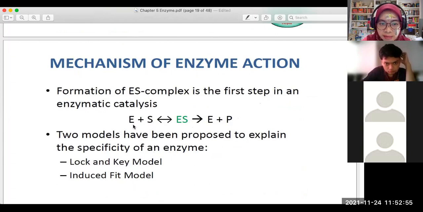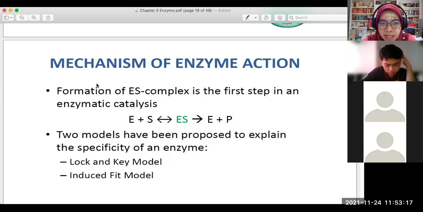From enzyme, it will bind with the substrate S and form a complex. A complex means a combined state where the two are bound together, so that's the enzyme-substrate complex. And finally, the substrate will be broken down, for example, or ligated together into product, and the enzyme will remain the same.